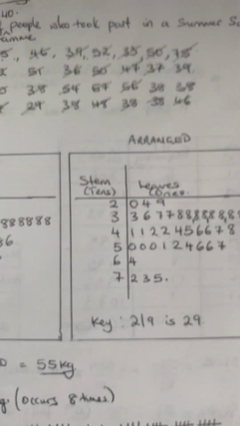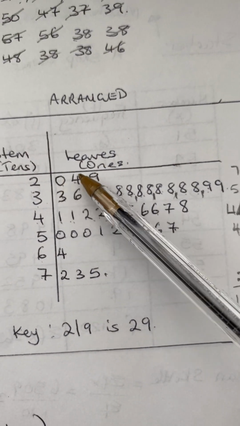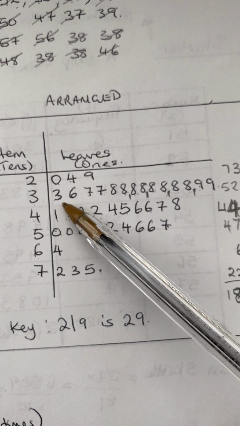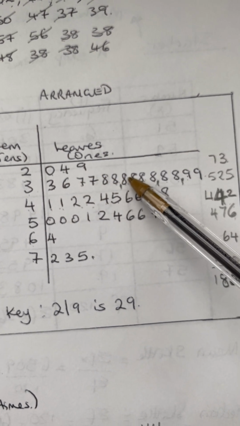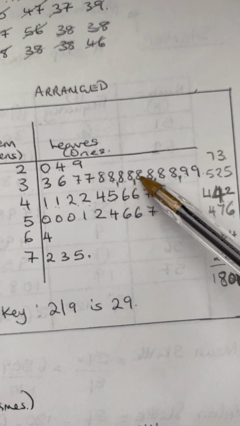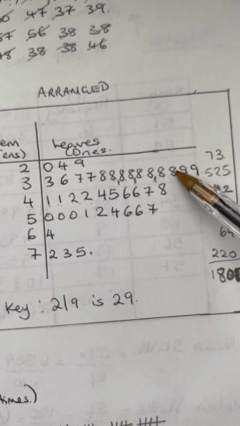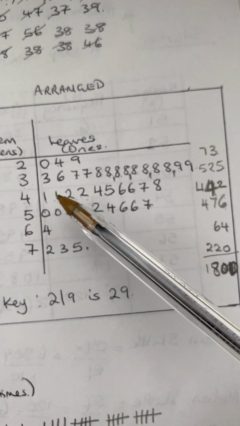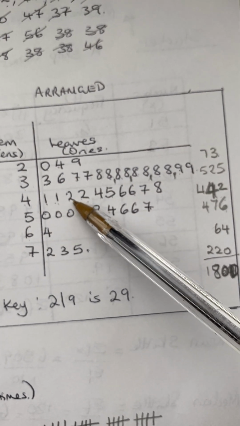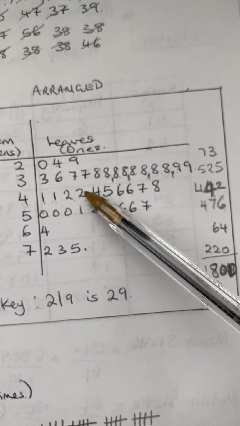Okay, so now 1, 2, 3, 4, 5, 6, 7, 8, 9, 10, 11, 12, 13, 14, 15, 16, 17, 18, 19, 20, 21.